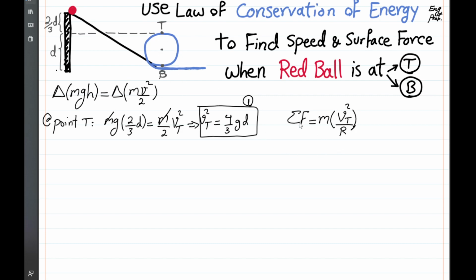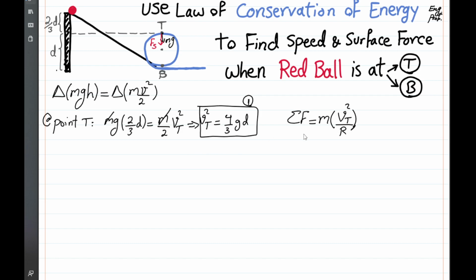As you can see on top, we have only two forces that we can recognize in addition to the m v squared over r: this force, mg, and also the force that is exerted by the surface on the ball, which is, let's say, F surface, however you want to name it.